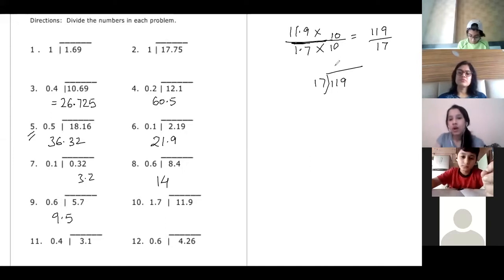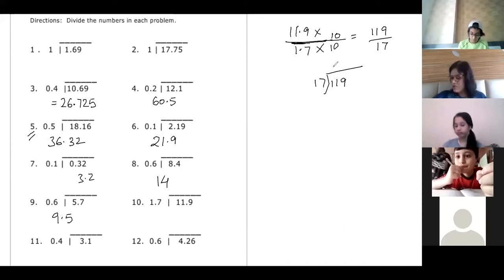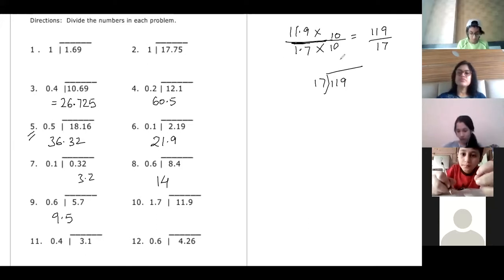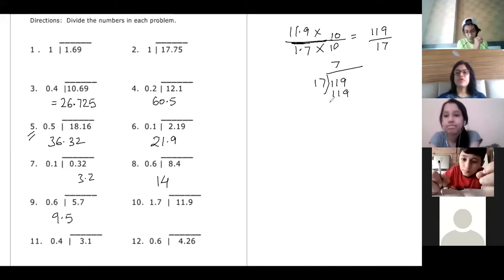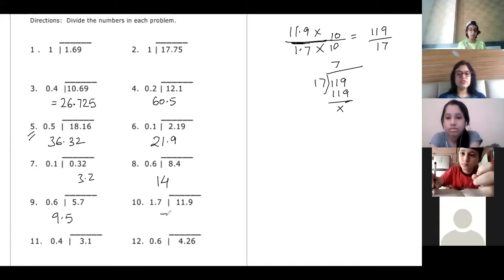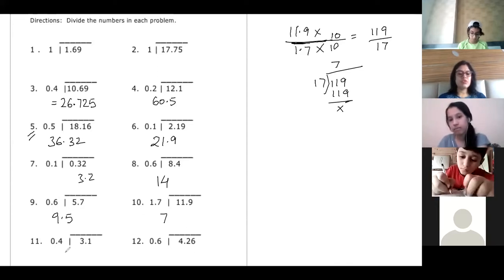I'm multiplying only. 17 sevens are 119. Okay. Answer is 7. But I have a doubt in question number 12. Okay, I'll come to question number 12.